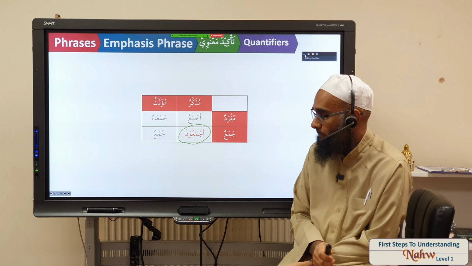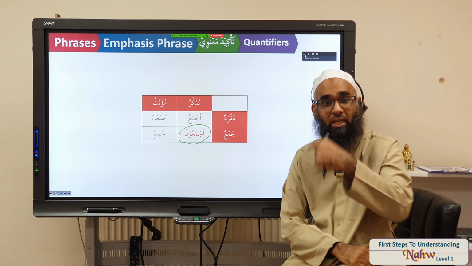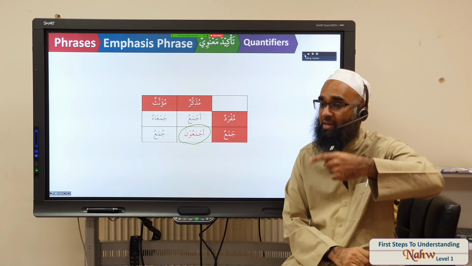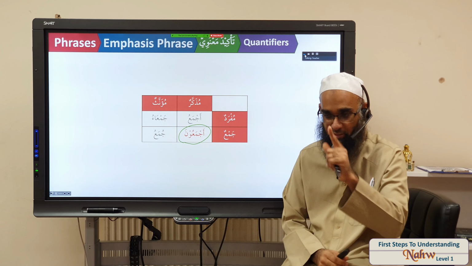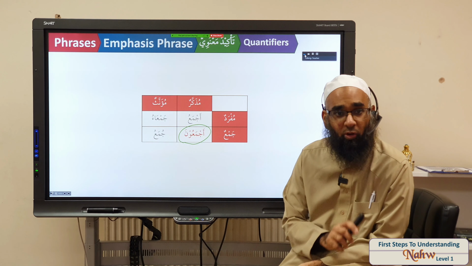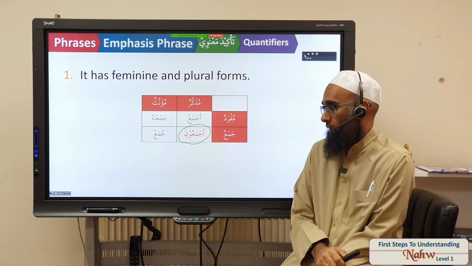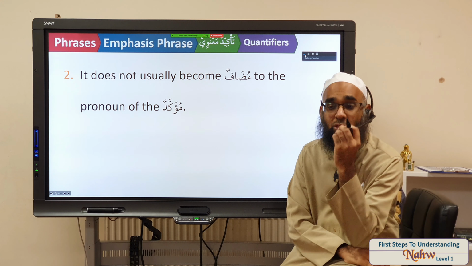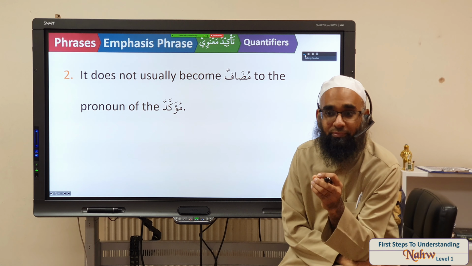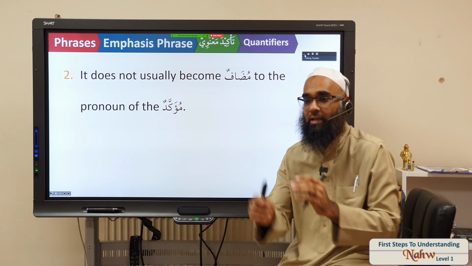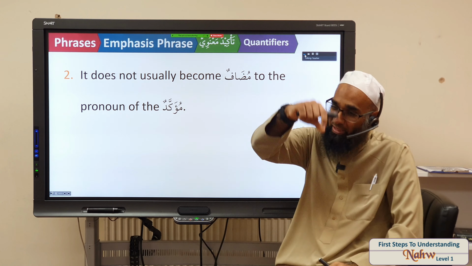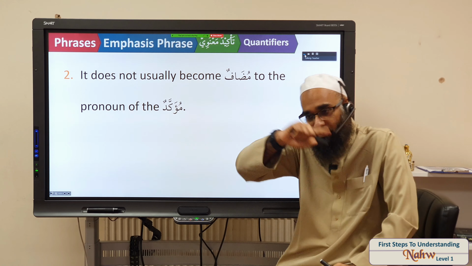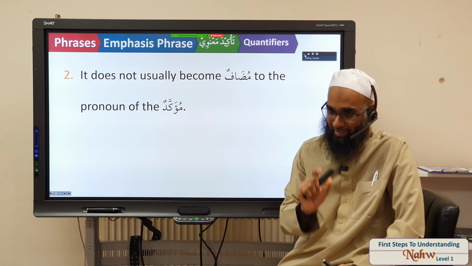Yes? So one way it is different is it has a whole table. It has a singular, it has a plural, it has a feminine, a masculine. The others don't have this. First way is different. Everybody following me so far? Okay. It has feminine and plural forms. The second thing is, these don't usually become mudaf. All the other 3 were what? It becomes mudaf, and the mudaf ilay is what? A zamir referring back to the mu'akkad, and then that becomes mu'akkad ta'keed.